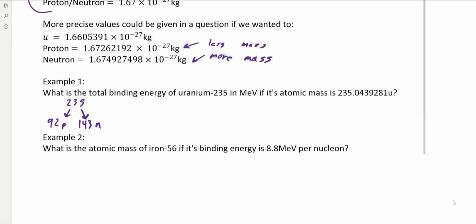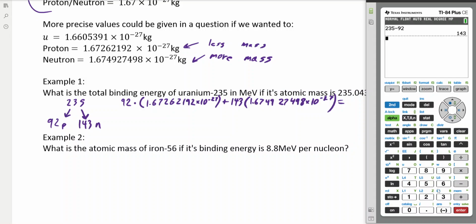That's important to know because what we're going to do is find the total mass of 92 protons, using the most precise value that we have for the proton mass, plus 143 times the neutron mass. We keep our sig digs in our calculator.